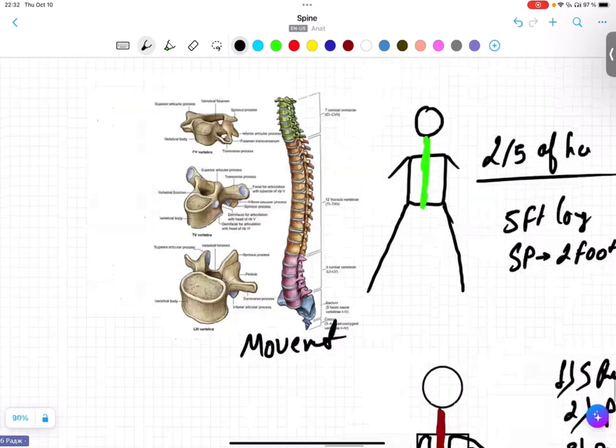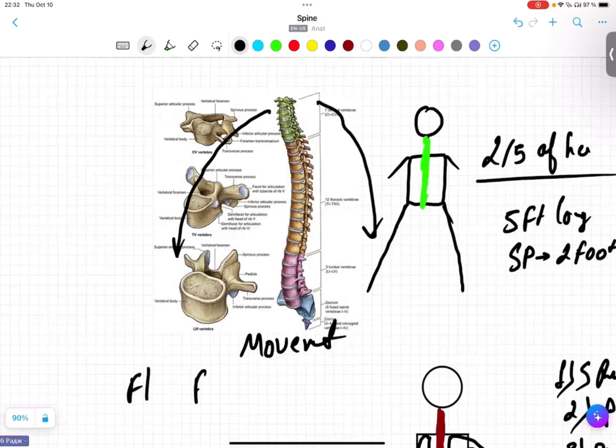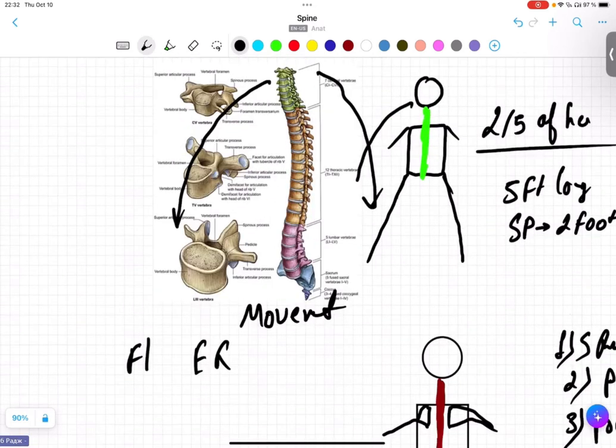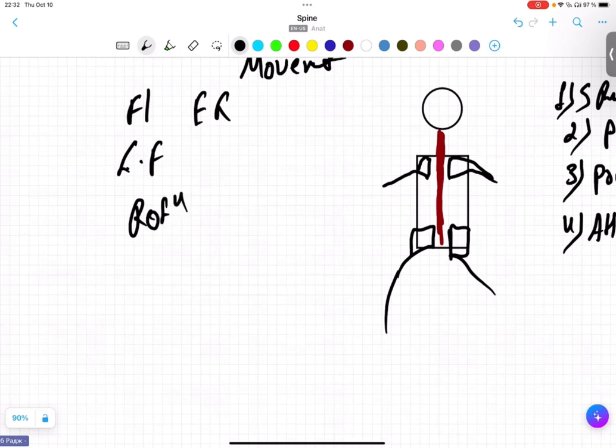What kind of movement? If this is moving anteriorly, flexion. If this is moving posteriorly, extension. If this is moving laterally, this is known as lateral flexion. And if you move sideways, that is known as rotation. Okay. Got this? Yes.